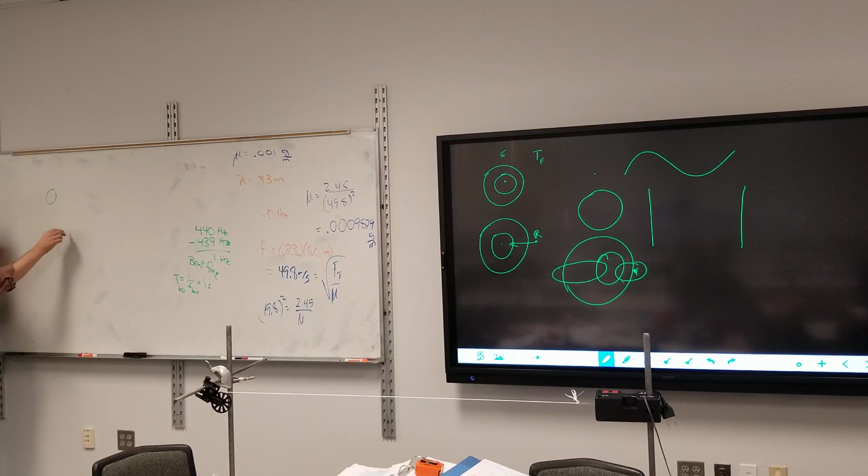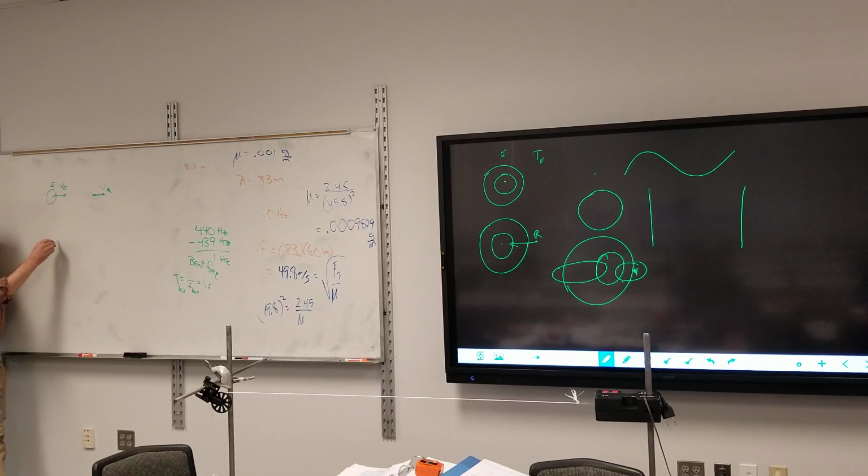So at some time, I'll have a wave there, I'll have a wave here. Actually, let's do it this way. I have some source, some emitter that's traveling in this direction at some speed v sub e, and I have a receiver heading towards me at the same time.